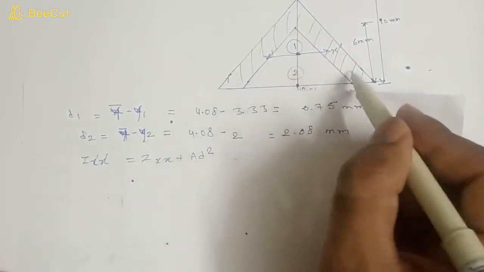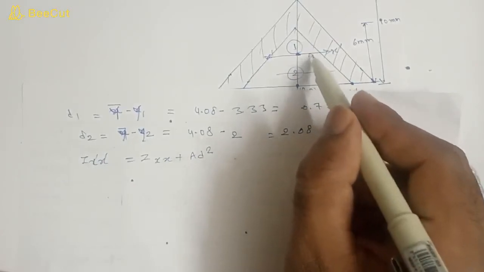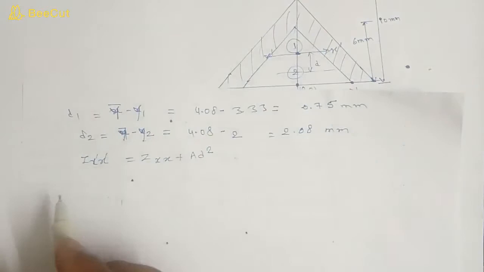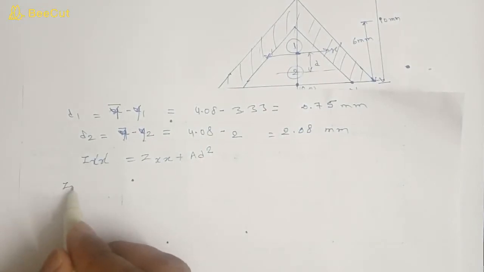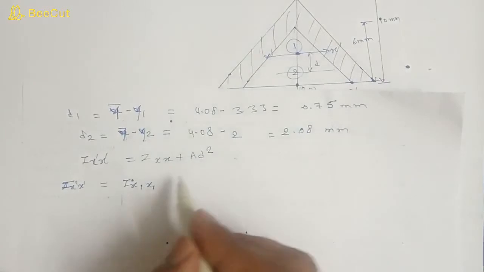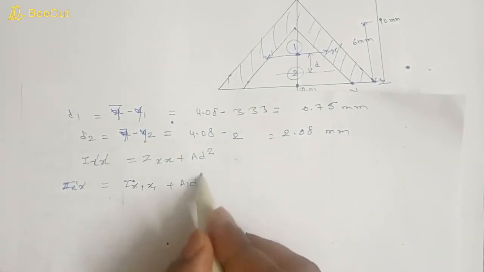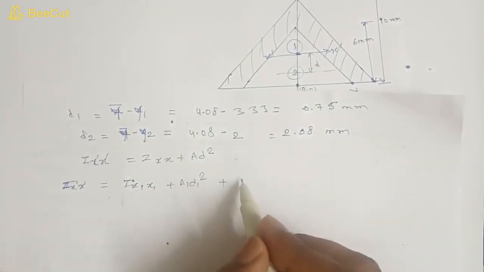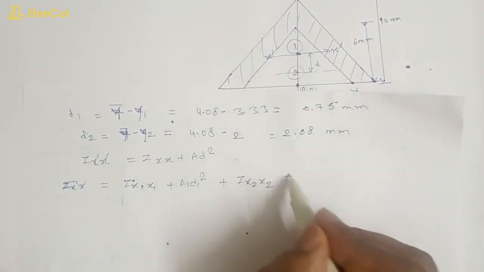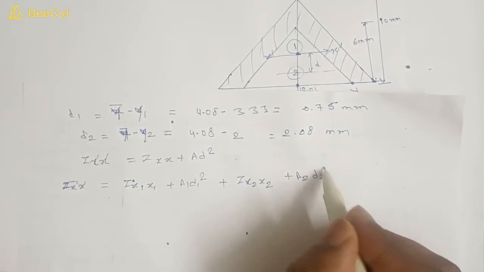It is somewhere here and this is d. So for the two triangles we will have I about x dash, total, equal to Ix1x1 for the larger triangle plus A1 d1 square plus Ix2x2 for this triangle plus A2 d2 square.